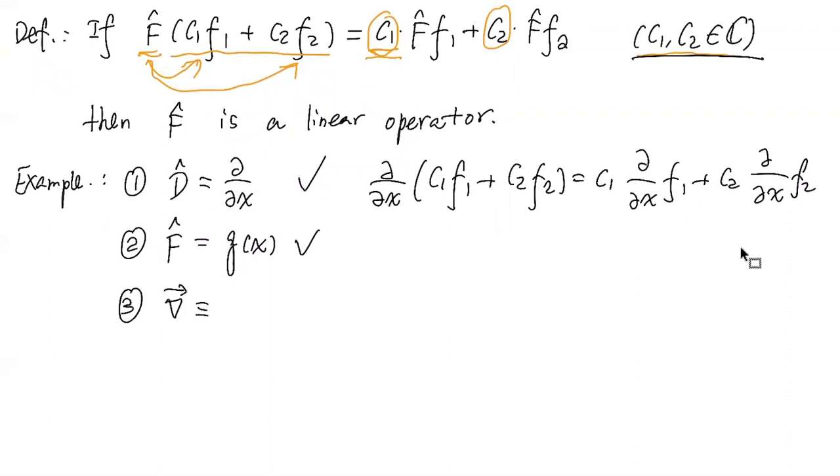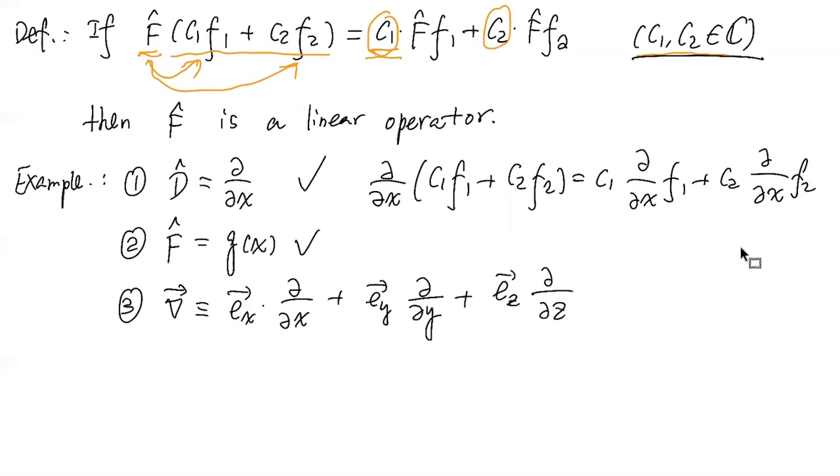The gradient operator is defined as... here, Ex, Ey, and Ez are the three unit vectors along the x, y, and z axis.